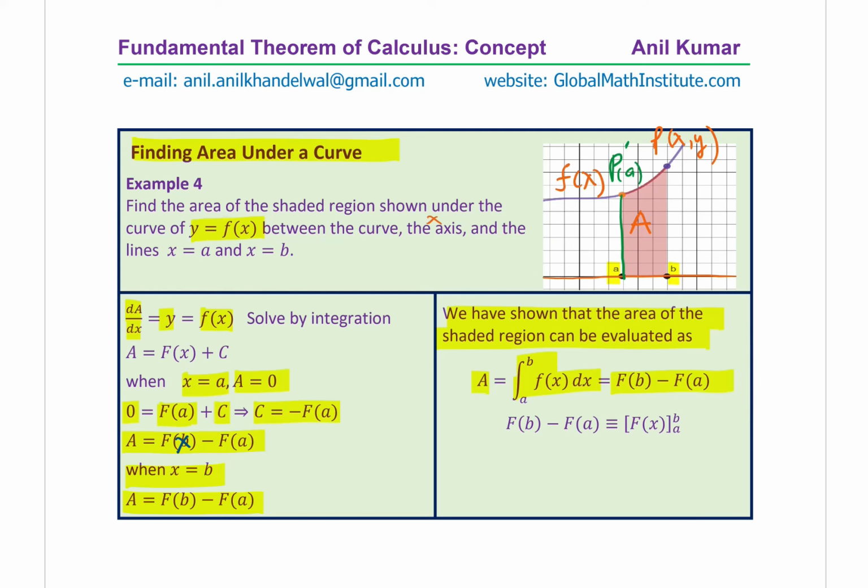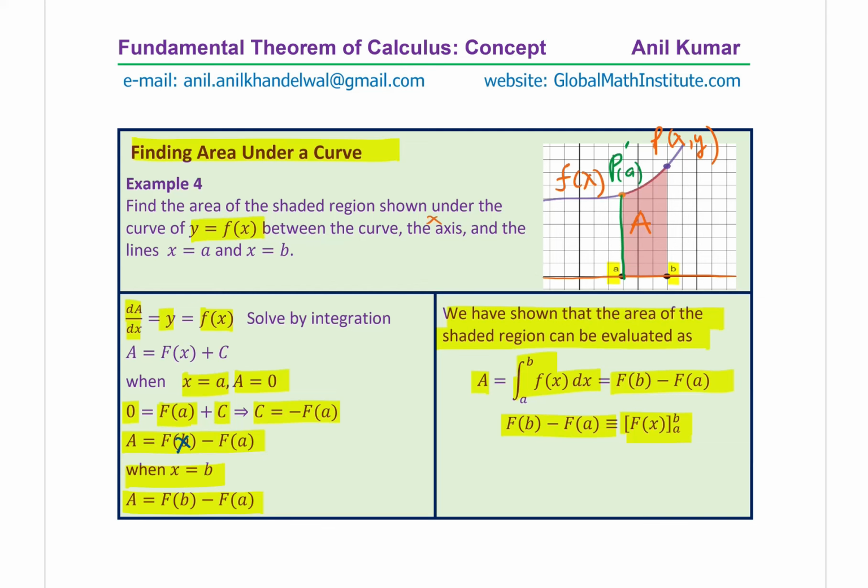So that is the definition of definite integral. Another way of writing this notation is to write F of x with the boundary conditions from a to b. That really means F of b minus F of a. Is that clear to you?